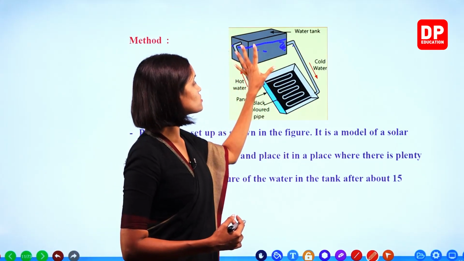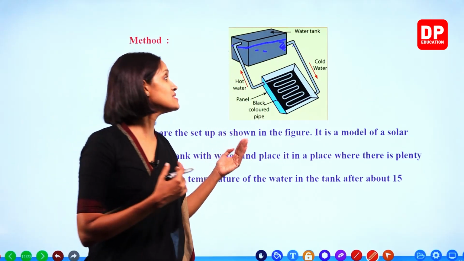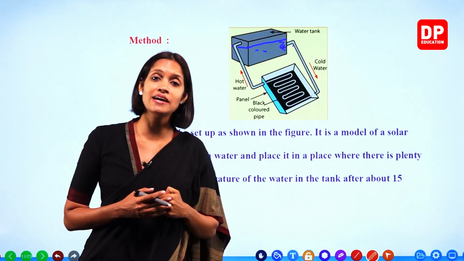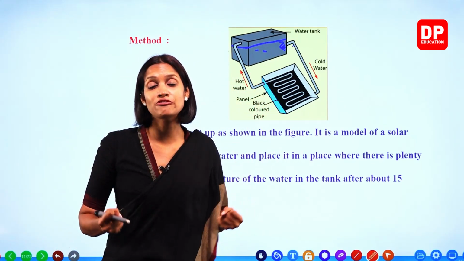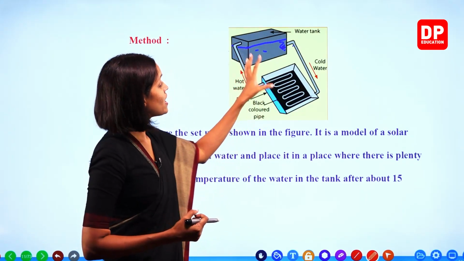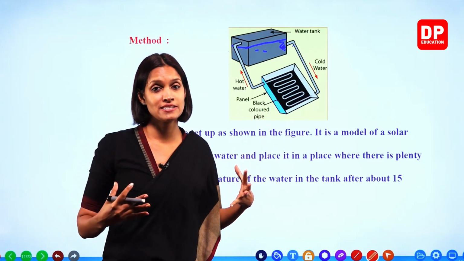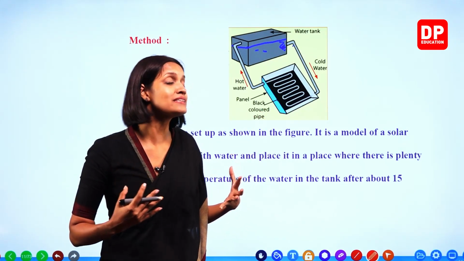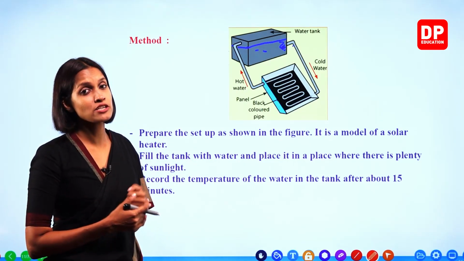What is the reason to color all these surfaces in black, children? So in the heat and temperature lesson, we learned that black color surfaces absorb radiated heat faster. So we are going to heat this water using the solar heat. So solar heat is an example for radiated heat, or radiation.